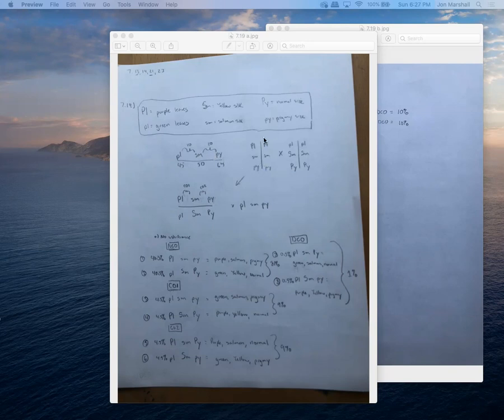Okay, so here I've just drawn out the initial cross. It's homozygous for the dominant, recessive, and recessive, and then homozygous for the recessive, dominant, dominant. And so when you cross those, the offspring is heterozygous for each of those genes.